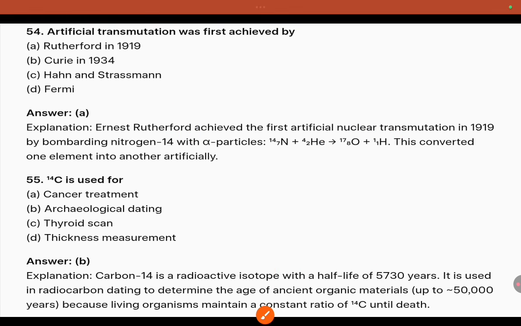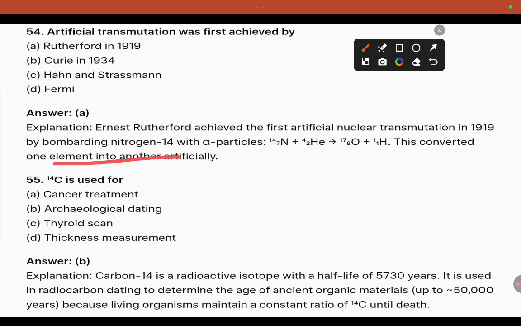Ernest Rutherford achieved the first artificial nuclear transmutation in 1919 by bombarding nitrogen with alpha particles. Then nitrogen is converted into oxygen. Here, one element is converted to another in artificial form. Nitrogen is changed to oxygen. This is called artificial transmutation.